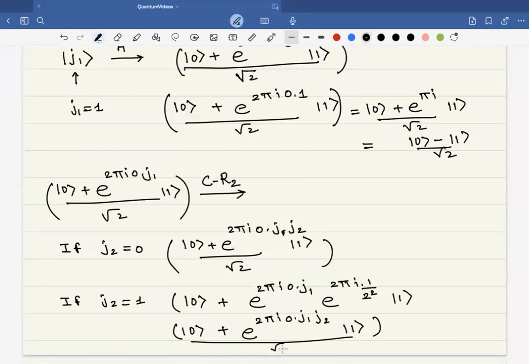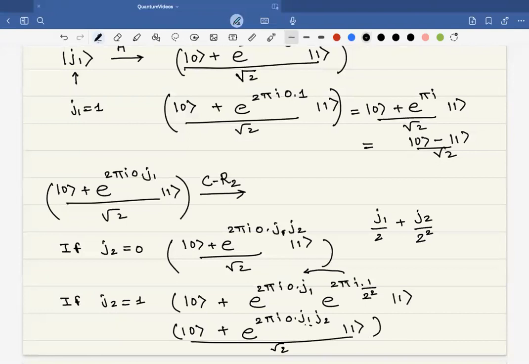This is divided by square root of 2. Why? Because I can just take this inside over here, and j1, so this will be 0.j1 j2, which will be j1 over 2 plus j2 over 2 squared, right?